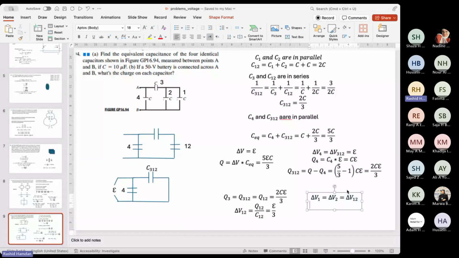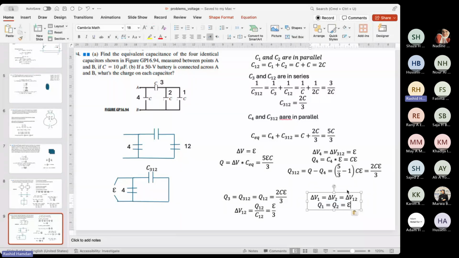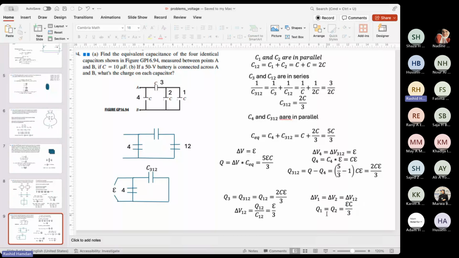So I can find Q1. Now because they have the same capacitance and the same voltage, they will be equal. So Q1 is equal to Q2, so it will be equal to E times C. Sorry, E times C over 3 because the voltage is E over 3.